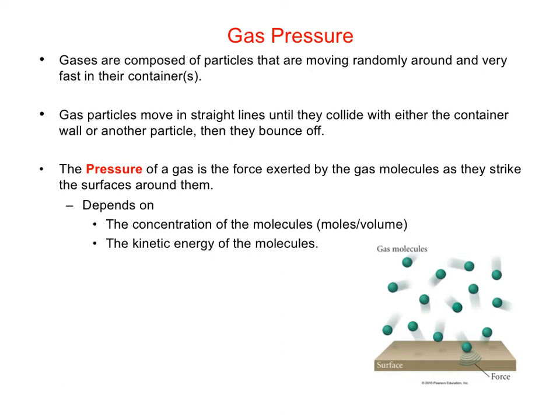But also, if they're moving faster, they're going to strike the walls more often. So not only are the impacts more forceful, but there are more of them. And so the more molecules we have, the pressure goes up, and the higher kinetic energy they have, the higher the pressure is.